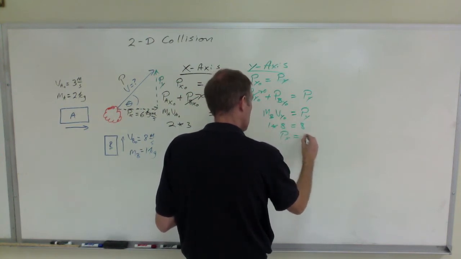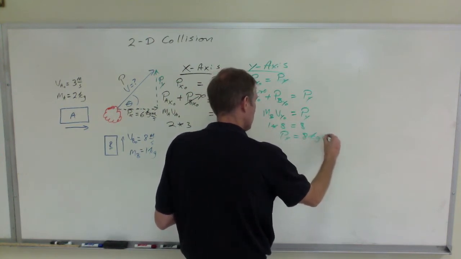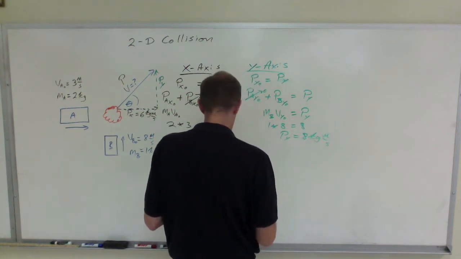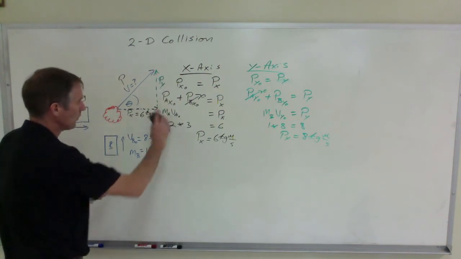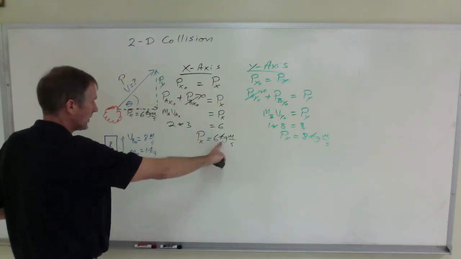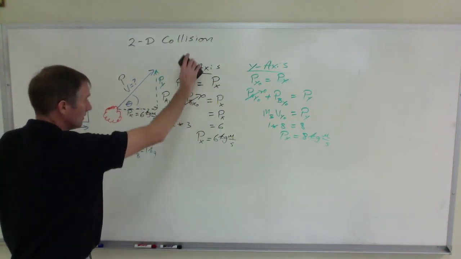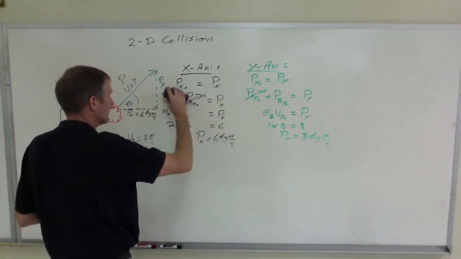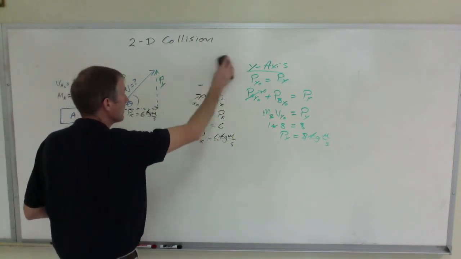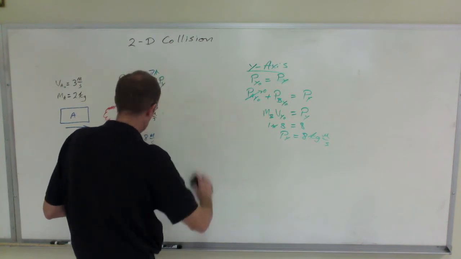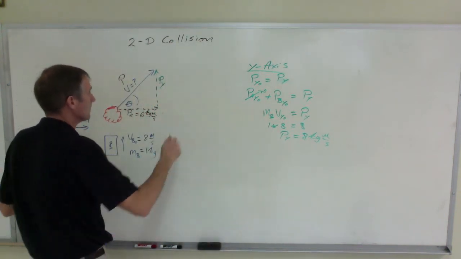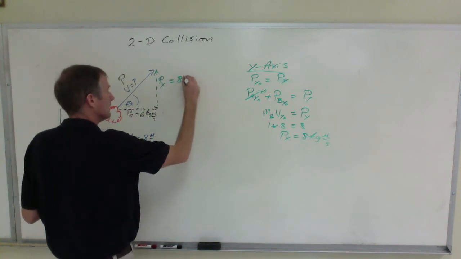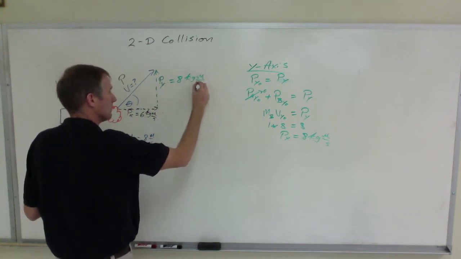So Py equals 8 kilogram meters per second. Now I'm going to erase this because it's just too messy. We already know that that's 6 and that's 8. So the x component is 6, and the y component is 8 kilogram meters per second.